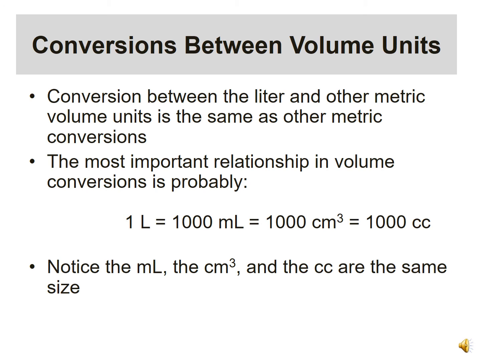I'm going from a big unit, liter, to a small one, milliliter. I move it 3 places because of milli, to the right, so I get 1,000 milliliters. The other way of referring to a milliliter is a cubic centimeter, so 1,000 milliliters is the same as 1,000 cubic centimeters, the same as 1,000 cc's. The milliliter, cubic centimeter, and cc are all the same thing.